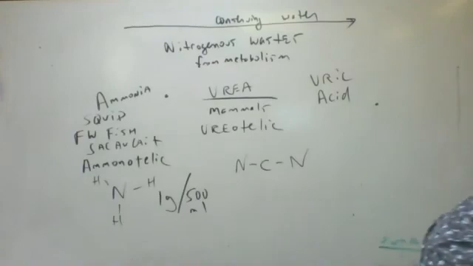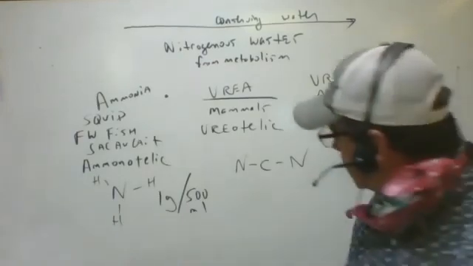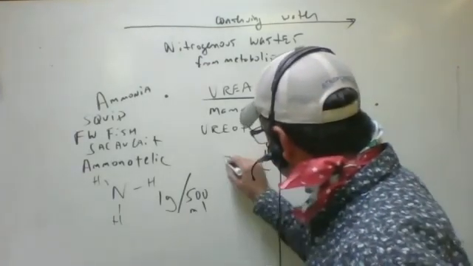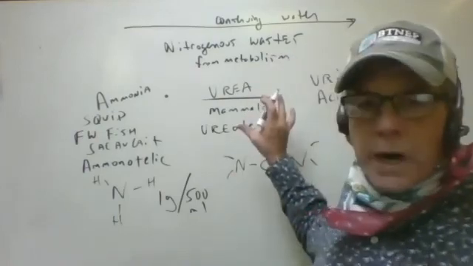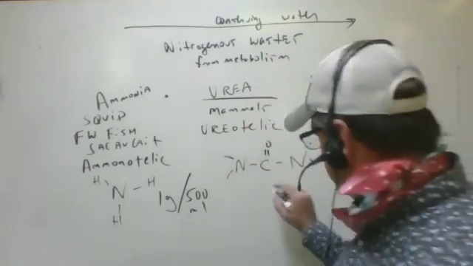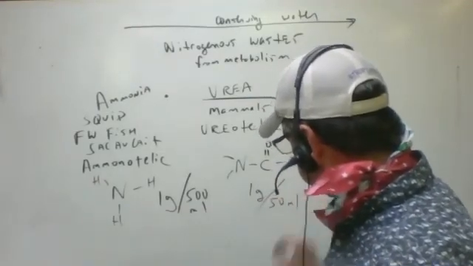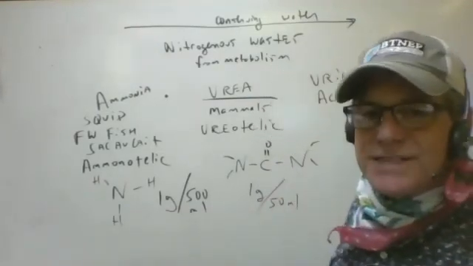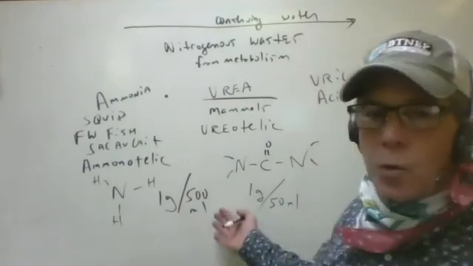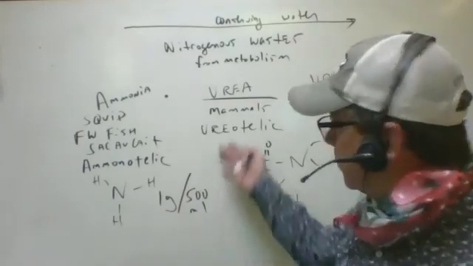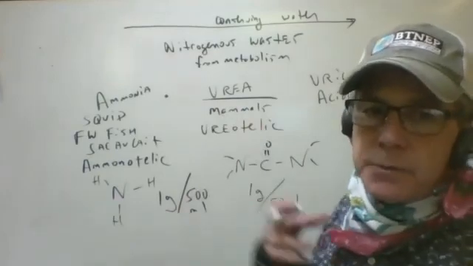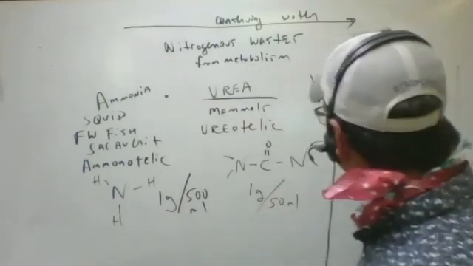So urea has 2 nitrogens, double bonded O here. Whenever you get rid of your nitrogen as urea, you can get 1 gram of nitrogen out for 50 mils, right? So that's 10 times more water conservation. Mammals do that. We as mammals are ureatelic animals.